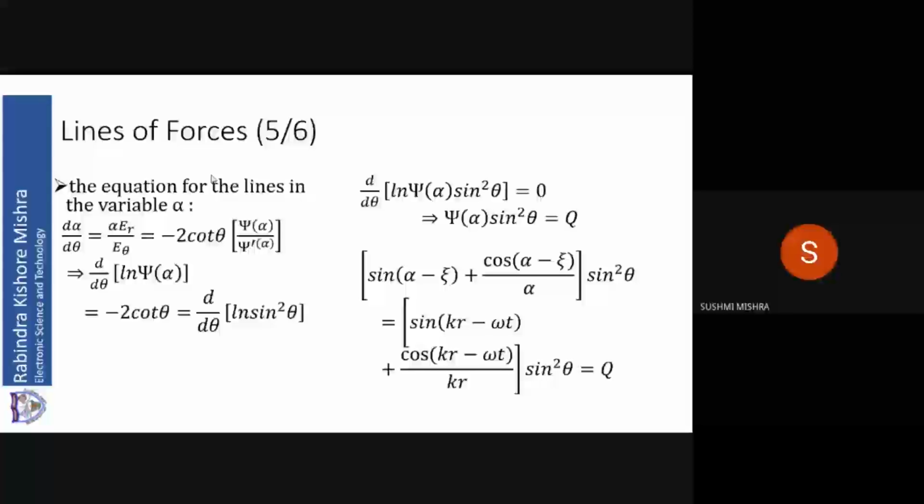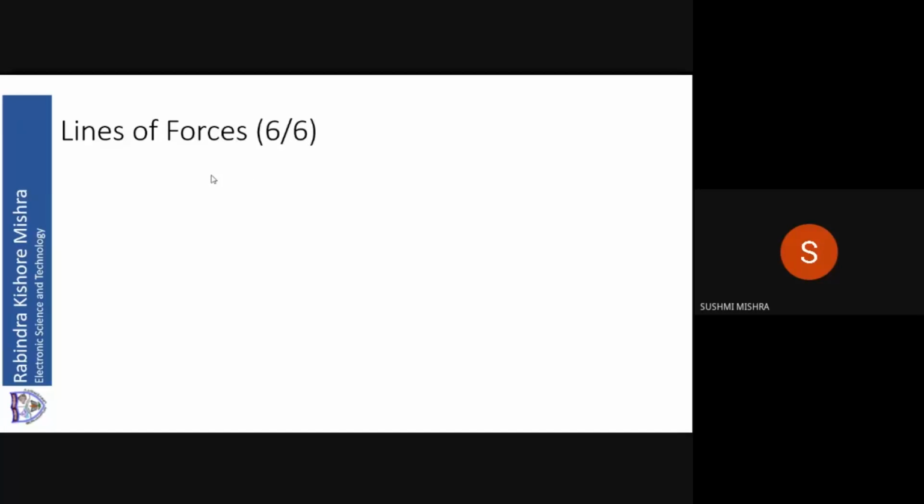So that is equal to sine of kr minus omega t plus cos of kr minus omega t upon kr, whole into sine square theta. That will be equal to Q. Q is the trump card that I am going to use now. Now, what is Q? Q is a constant.